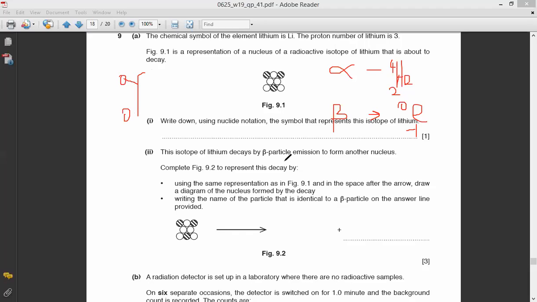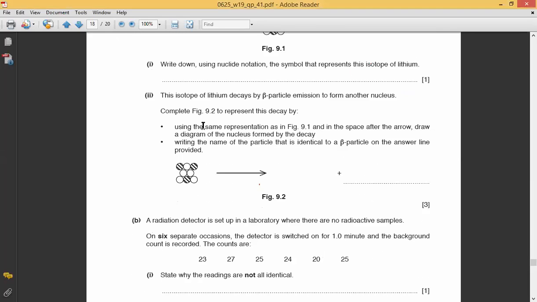Now they said this isotope of lithium decays by beta emission. Don't let this confuse you. When you hear something decays by beta emission, that means you have Li, this is 8, this is 3, now it's decaying.